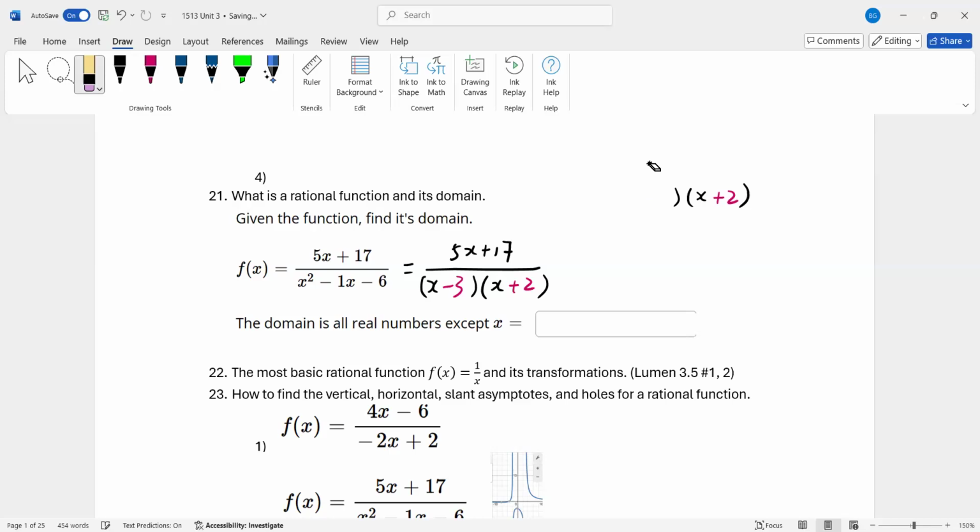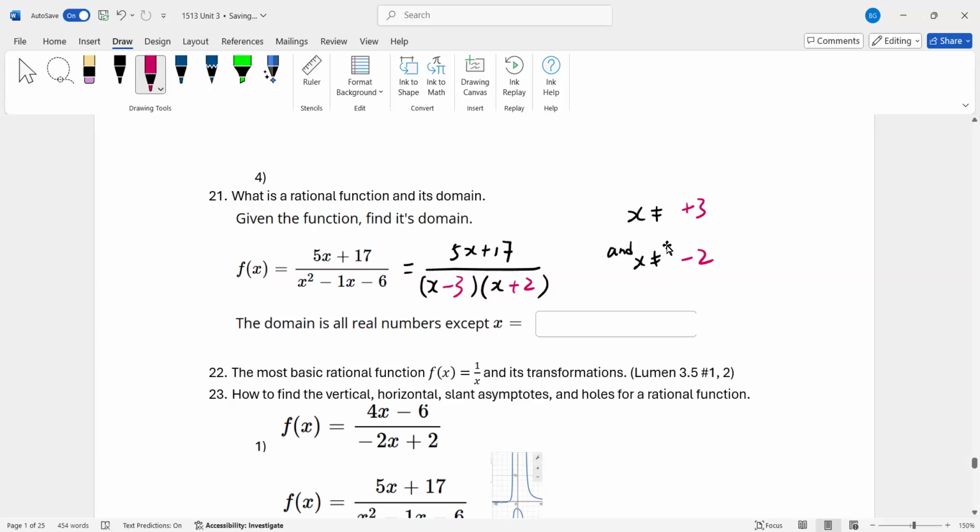We all know the denominator can never be zero. So that means x cannot be +3 and x cannot be -2.